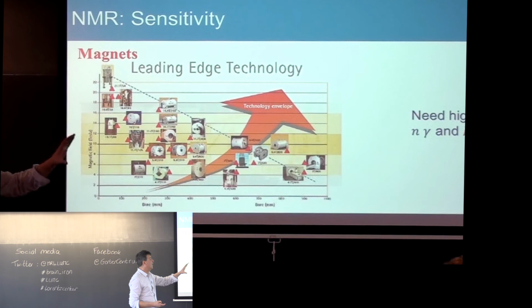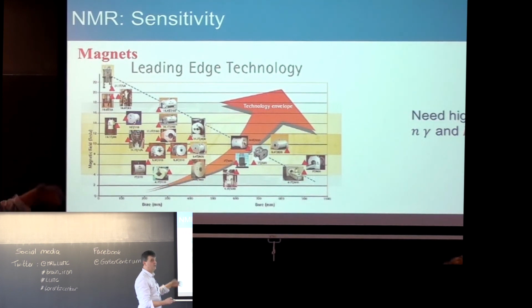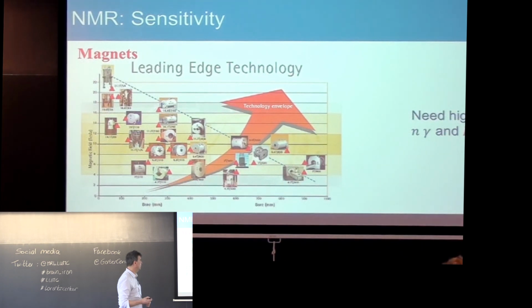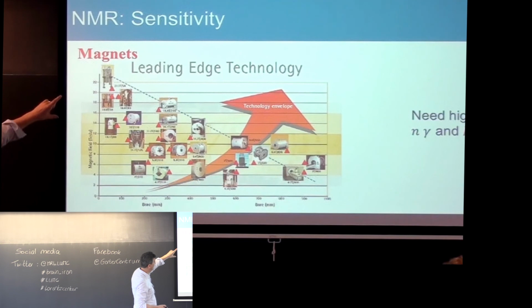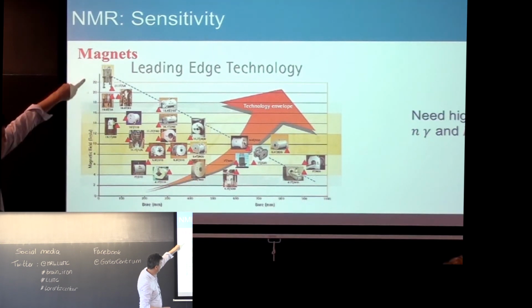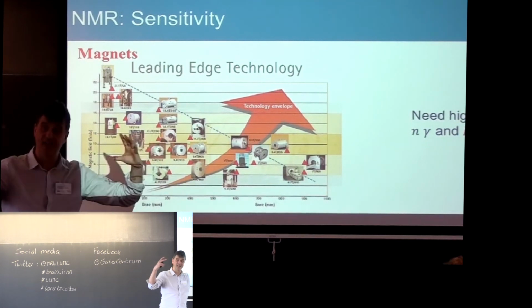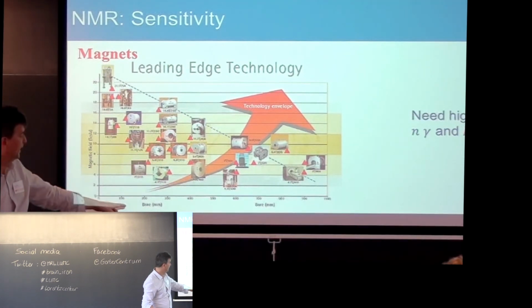You also need to have a high magnetic field, and I guess the story of MRI and NMR has often been a move towards working at higher and higher magnetic field. This plot, a few years old, shows the magnetic field that's accessible versus the size of the aperture of the magnet.